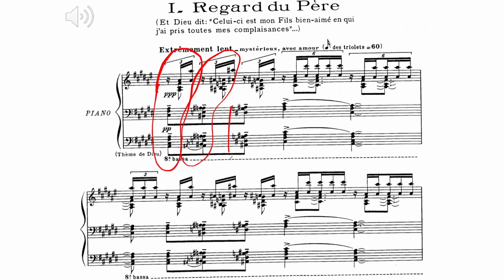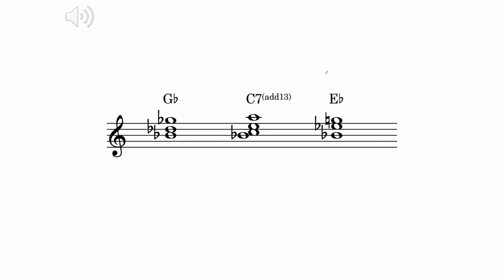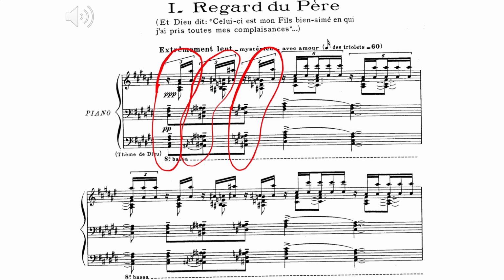And the third one is a weird spelling of E flat major or D sharp major. You see A sharp, D sharp, and G natural. E flat major. By the way, Messiaen uses such weird spellings all the time for tonal chords.